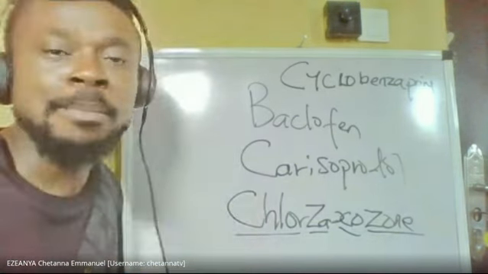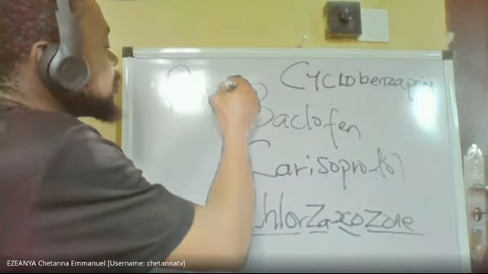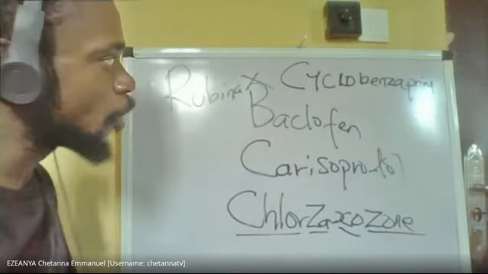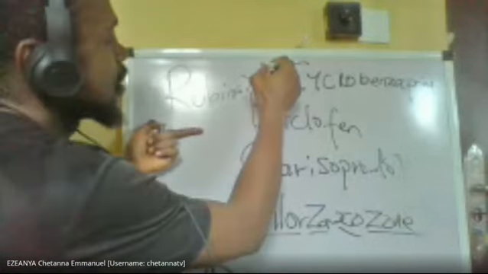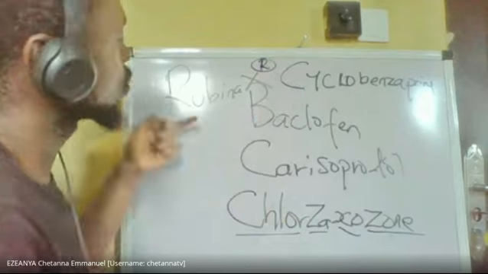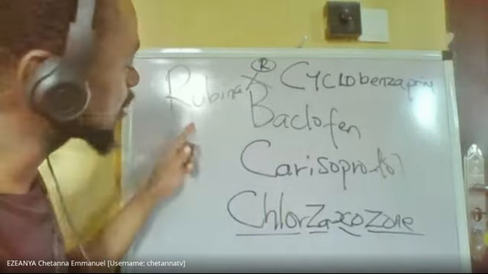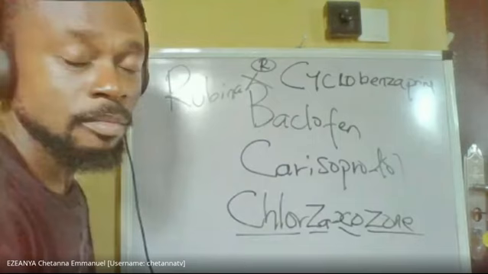Methocarbamol is the drug, and Robinax is a popular medicine in the markets. The product from that drug is a medicine, because Robinax is a preparation from methocarbamol.